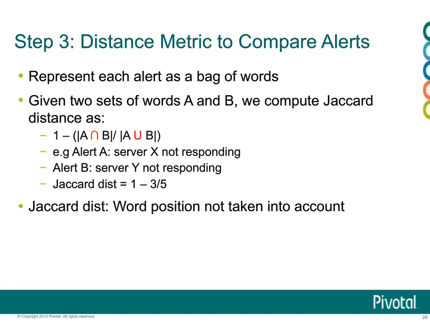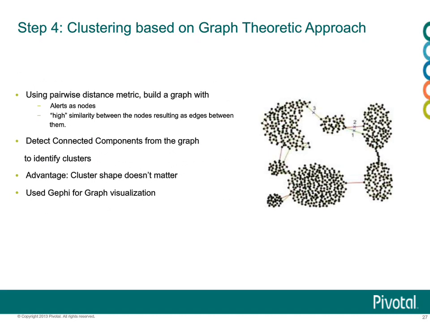Once we are able to compute the pairwise distance between all the alerts, then you can build a graph where the vertices of the graph correspond to the alerts themselves, and you draw an edge between two alerts only if the distance between them is small enough. So you use a threshold to decide whether you would connect any two alerts. And once you have this graph, you can run a standard graph algorithm called connected components to identify the clusters.